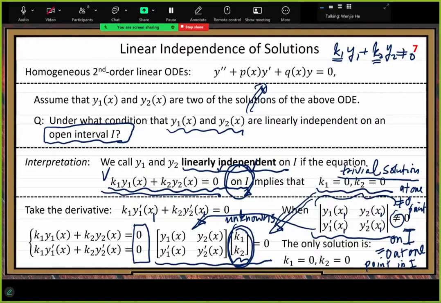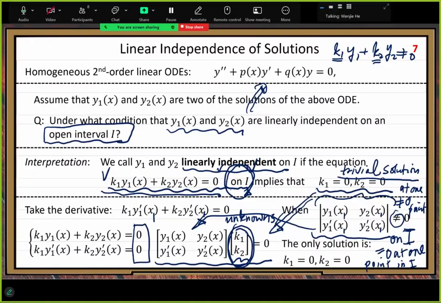Because here we call this linearly independent on I if the equation equals 0 implies K1 and K2 are 0.